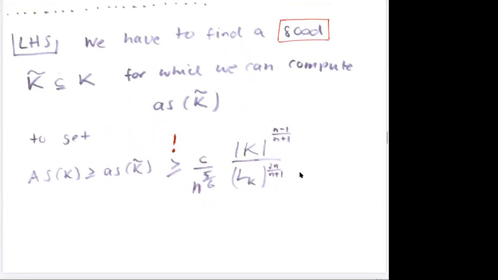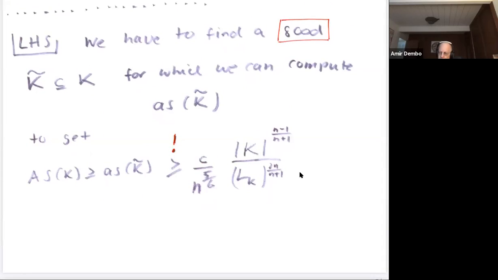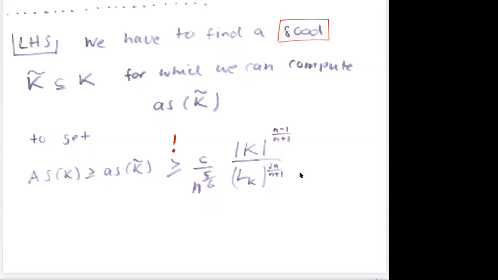Now, thinking about that there is this affine isoparametric inequality, a natural first candidate to take as the K-twiddle would be something related to the Euclidean unit ball or to an ellipsoid.